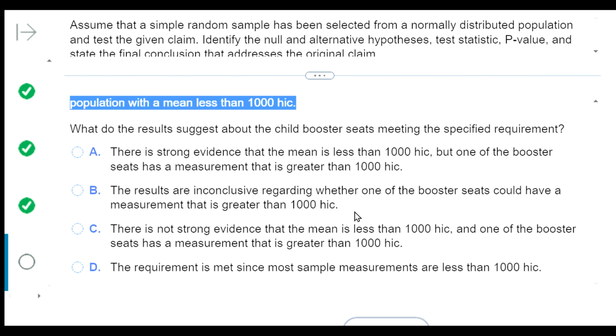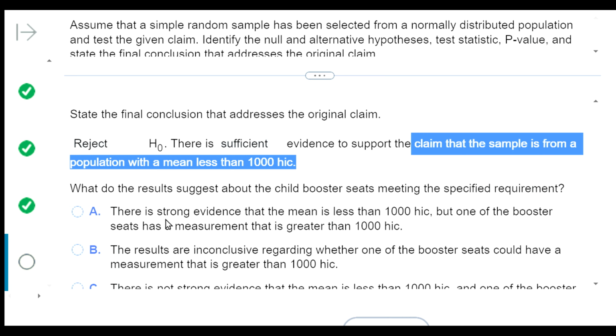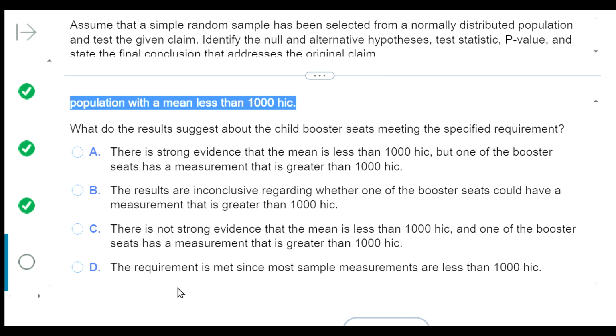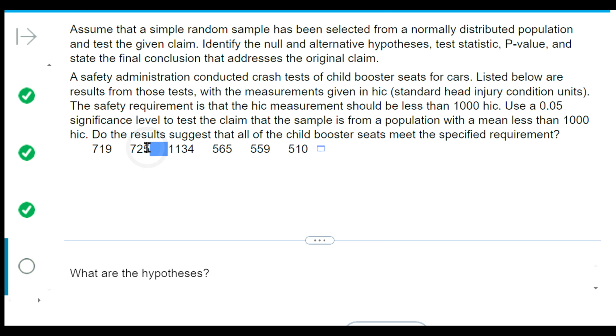There's a follow-up question. What do the results suggest about child booster seats meeting the specified requirement? I have strong evidence that the mean is less than 1,000, but one of them is bigger than that, so one of these failed.